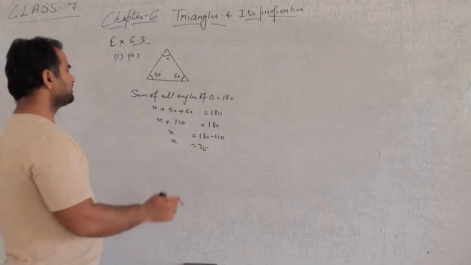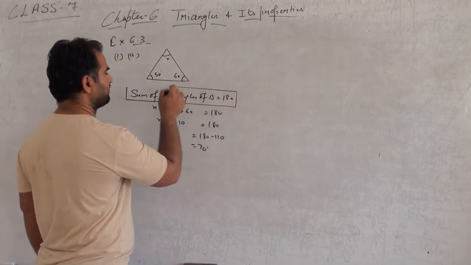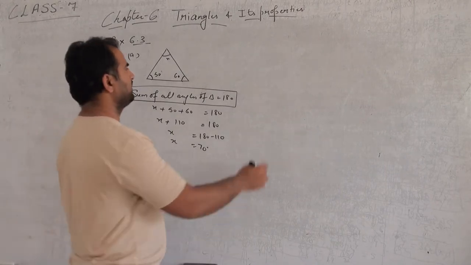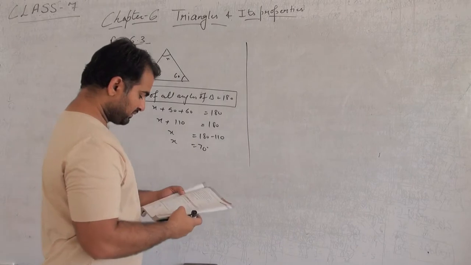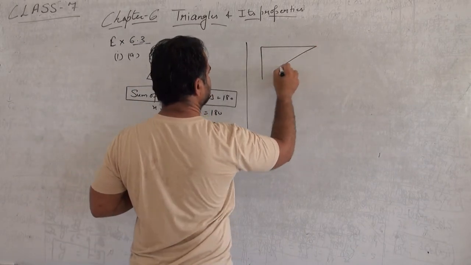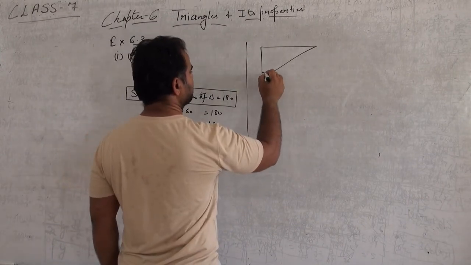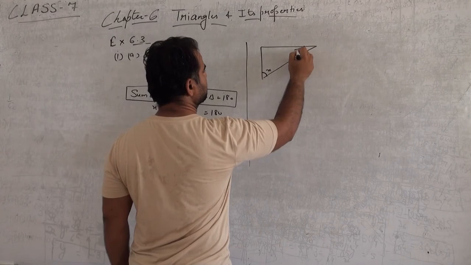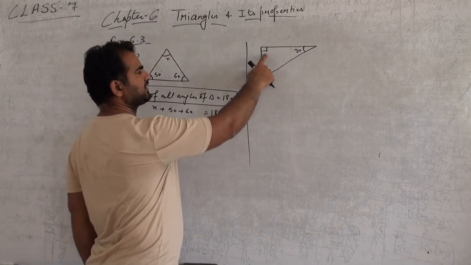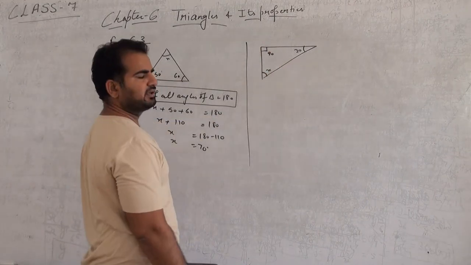Okay. So class, you must know that you have to write the reason always if triangle sum property is given. Like in question number 2, x, 30 and a sign. You all know that this is a sign of perpendicularity, so it means it is 90 degree.